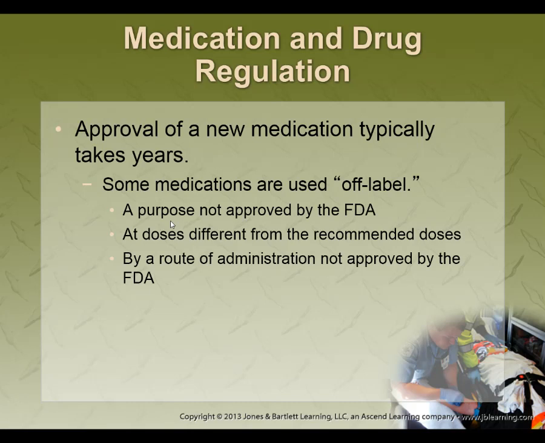One example is Phenergan, a medication for nausea. The generic is promethazine. When you go to the emergency room for nausea and vomiting, sometimes they'll give you Phenergan IV, in the vein. It's not actually FDA approved to be given IV. It's only for IM, PO, or to be given as a suppository. So when it's given IV, it's not really FDA approved for that, but we still can do that.